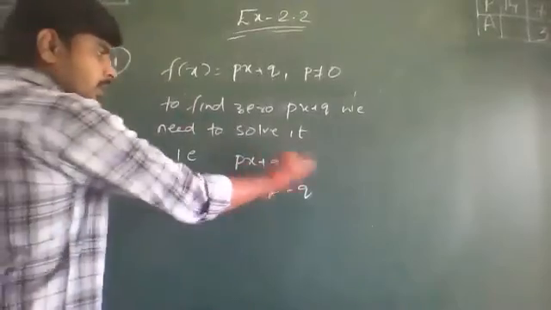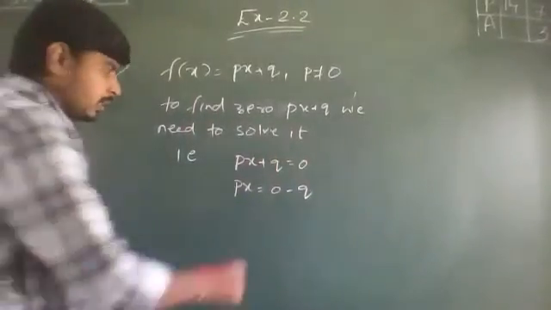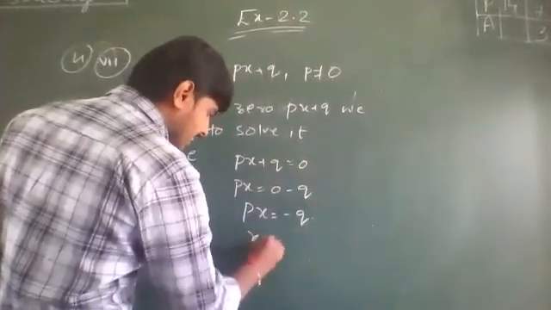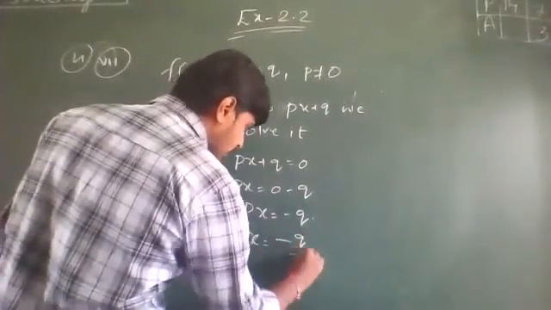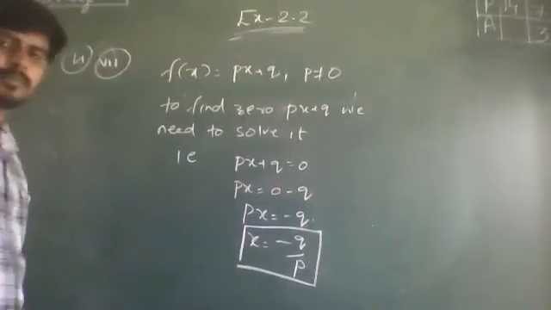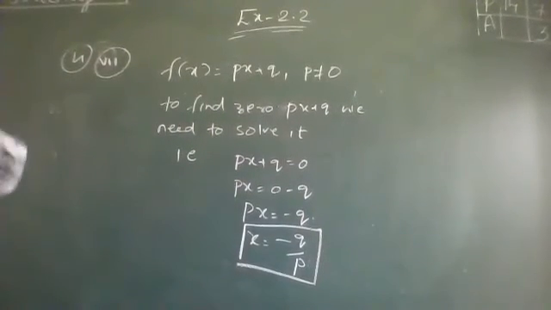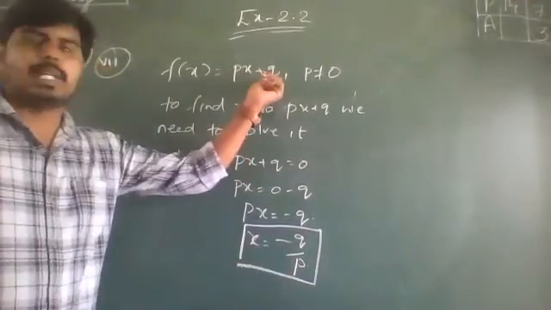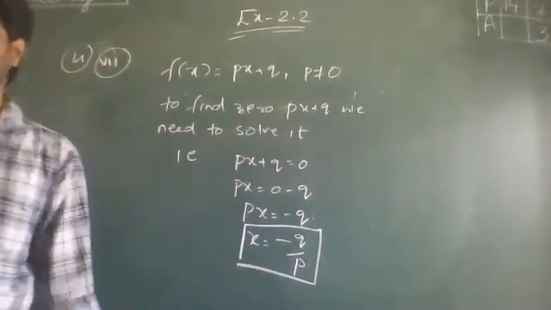Plus q becomes minus q if you transpose, right? And px is equal to minus q, so x is equal to minus q by p. That's it. This minus q by p is the zero of this polynomial.